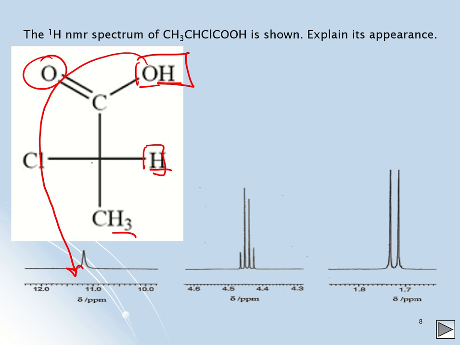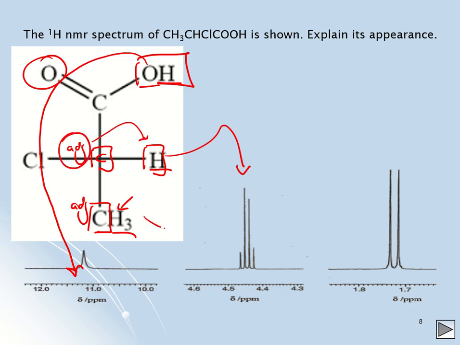This hydrogen here is adjacent to this carbon, not adjacent to that carbon, that's the carbon it's attached to. It's adjacent to this carbon, which has got 3 hydrogens on. So this one's going to split to a quartet. This CH3 group here is adjacent to the middle carbon, which has got 1 hydrogen on it.